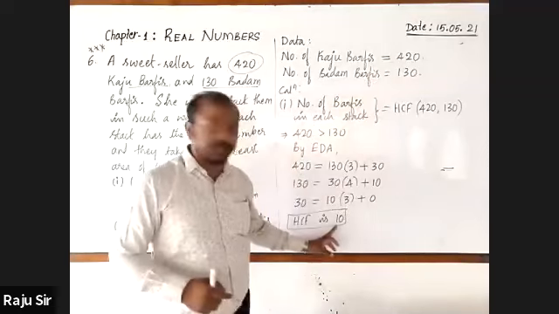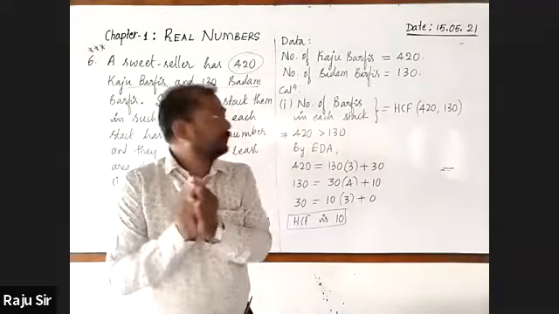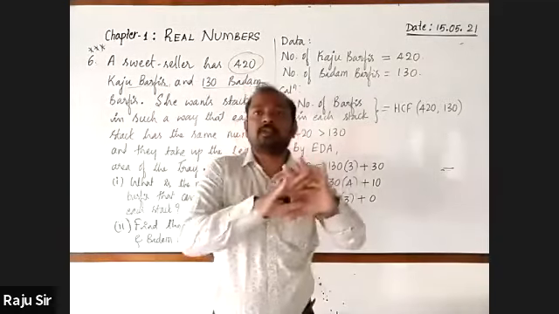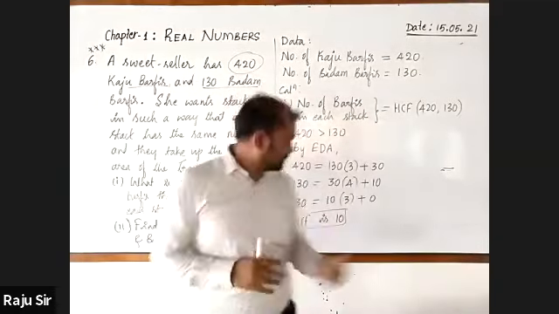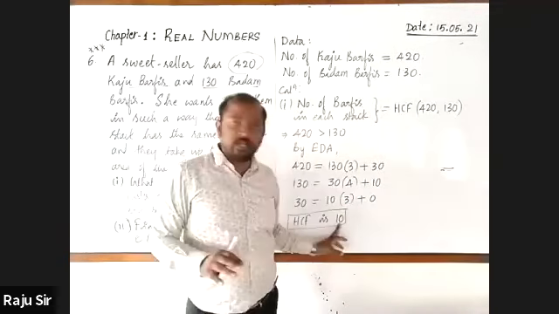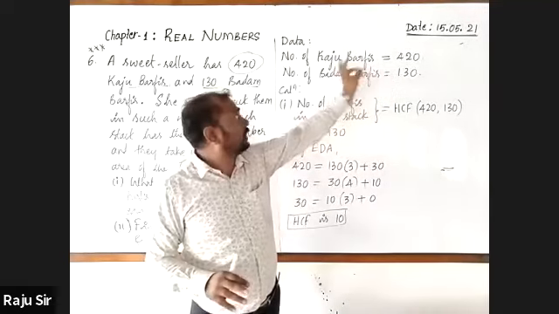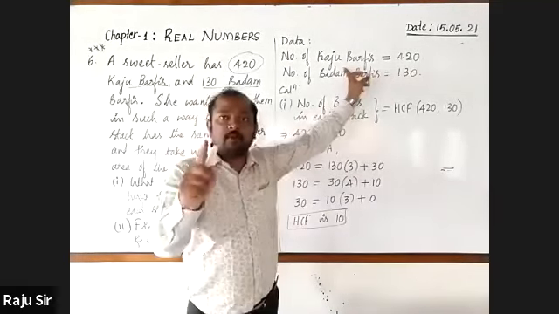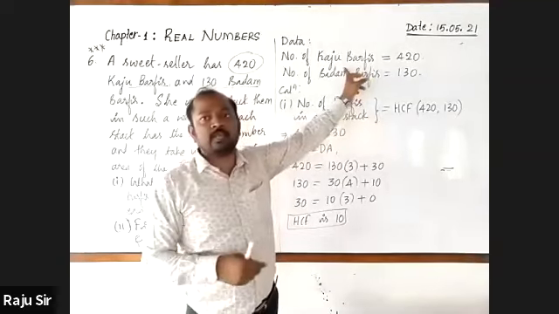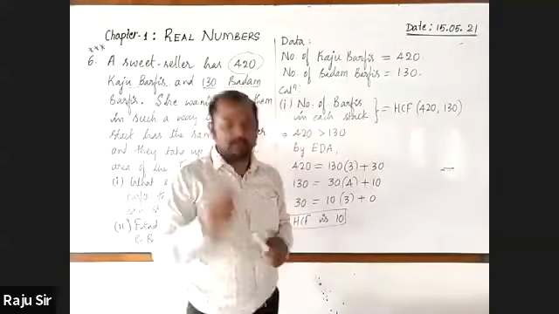Very good. Total 420 kaju burfees are distributed to some number of arrangements. Assume it is in 10 boxes, we have distributed 420 kaju burfees. In every box, how many kaju burfees will be there? 42. Very good. 420 by 10.